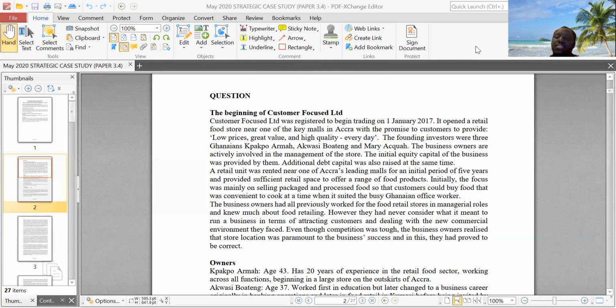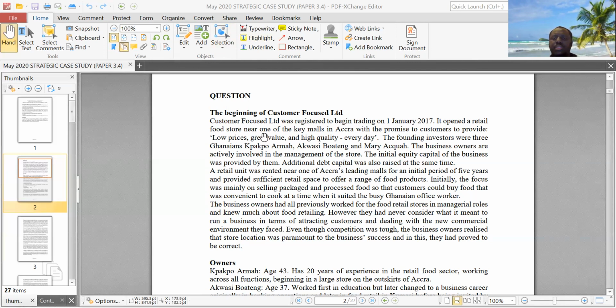It comes about a week or two before the exam, so that you can analyze it and familiarize yourself with the company in discussion.